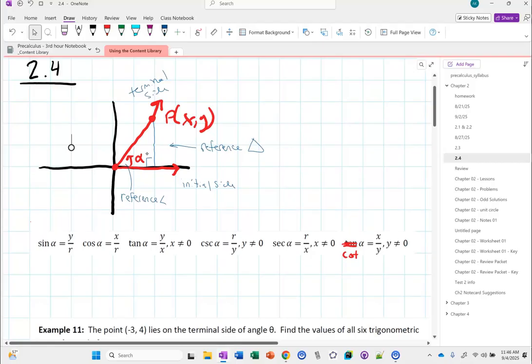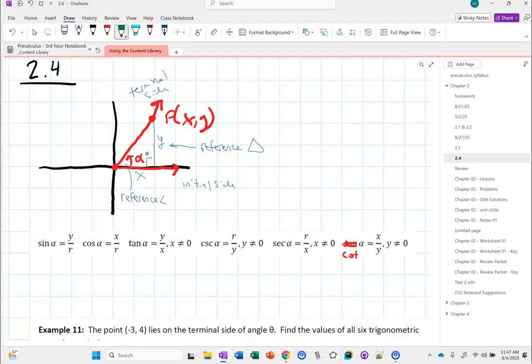If I look at the side lengths of this triangle, this side has to be x long, because to plot the point xy, I go x units over and then y units up. So if this is the point xy, that side is x long, and that side is y long.